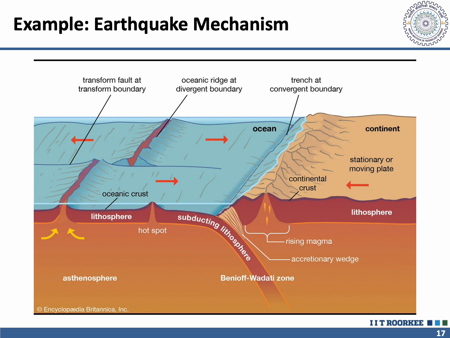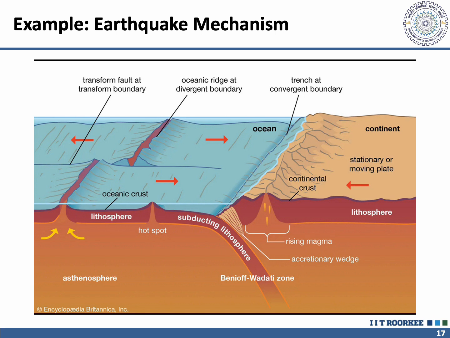So the earthquake occurs along the Wadati-Benioff zone at the subduction zone where an oceanic crust is going under the continental crust. Now, as the oceanic crust is moving under the continental crust, initially there is a resistance from the slab. So, initially the strain increases linearly, but there is no deformation.